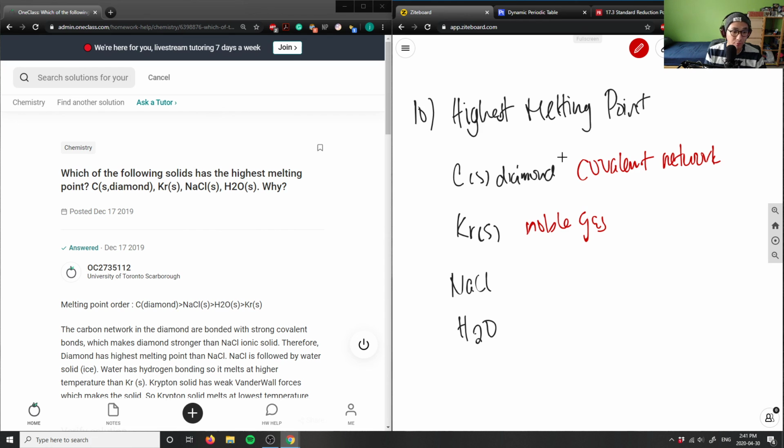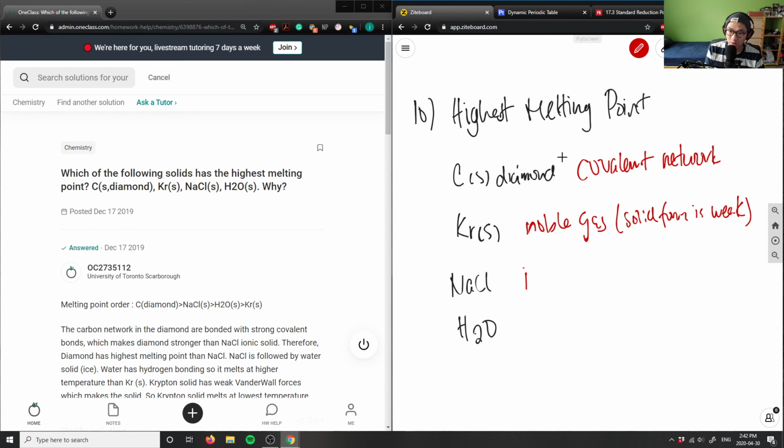However, if it is a solid form, it's a very weak structure here. So it's a noble gas, but solid form is weak because it prefers to exist in a gas form. So the solid is probably going to sublime, or go through the process of sublimation, to form a gas here. So krypton is actually the weakest one here.